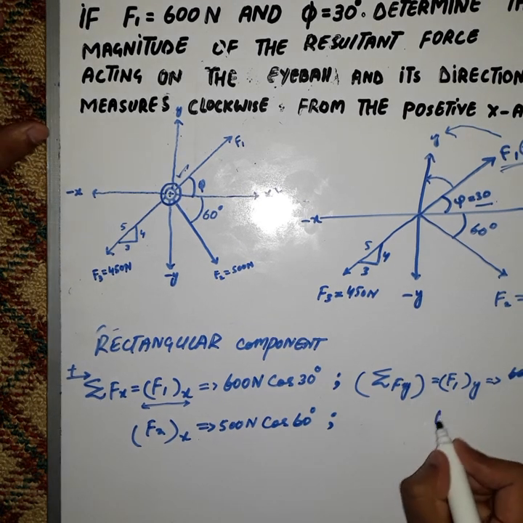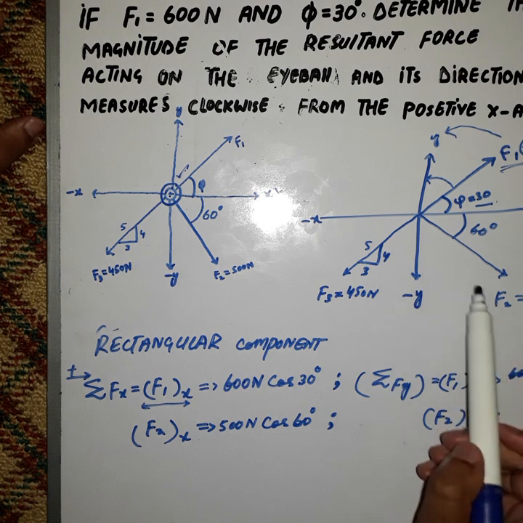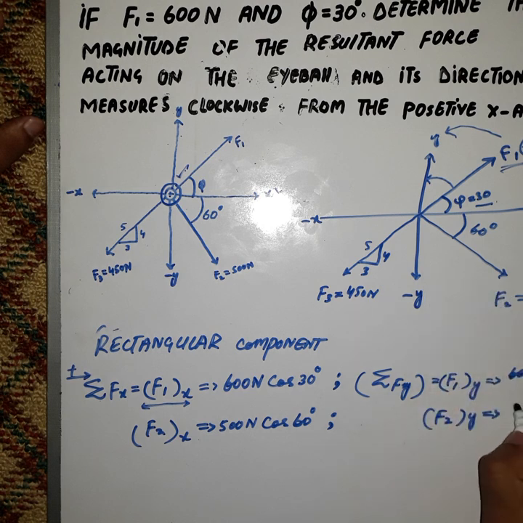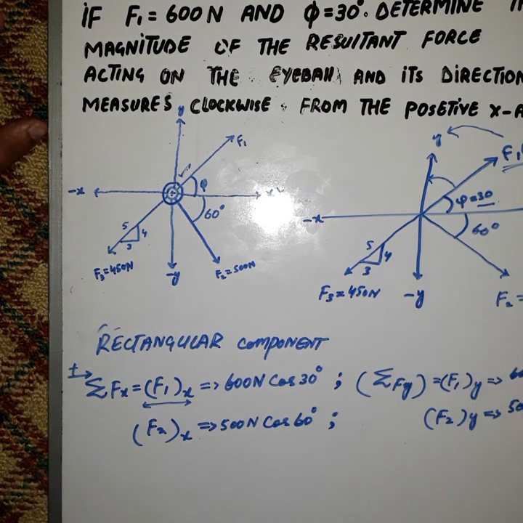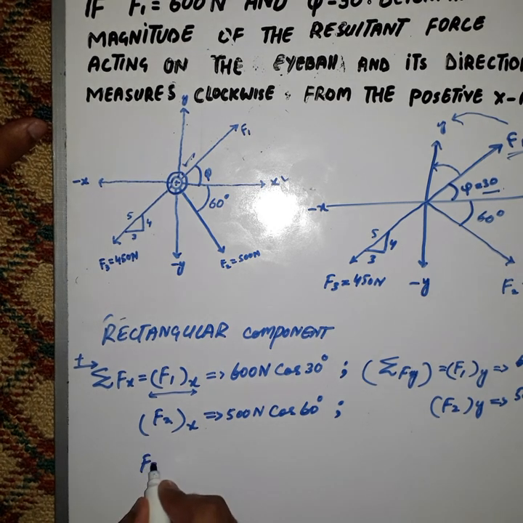And the F2 of y: here is F2, making an angle of 60 degrees as well, and we will use sine with the y-axis. So 500 Newton sine 60 degrees. Two forces have been completed. Now F3 of x.